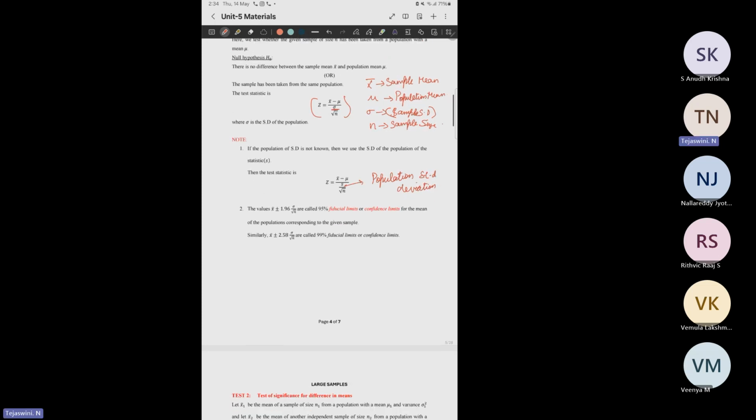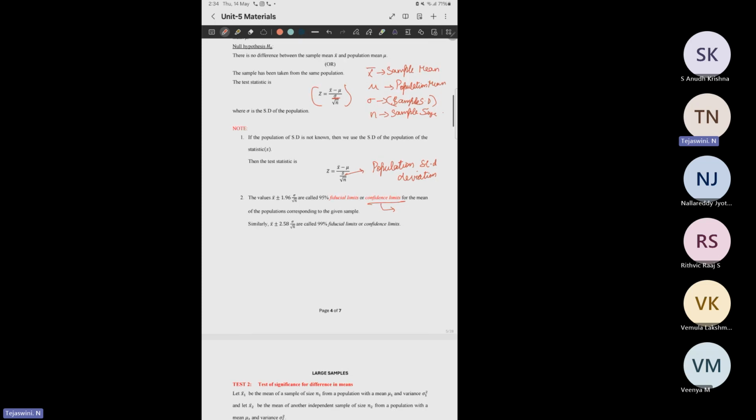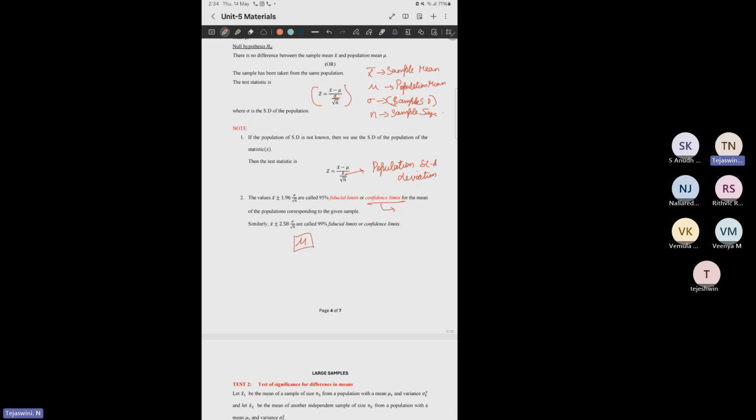Okay, so confidence limits. What are confidence limits? Confidence limits are basically the values of mu such that, while we are testing a sample, we get the value of z, and from this z we are going to accept H naught.